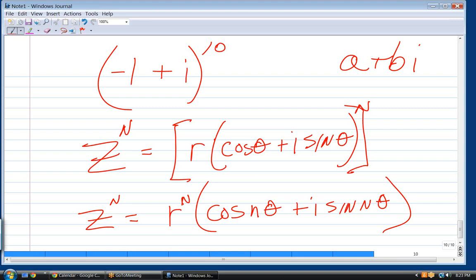So let's figure out what r is, where it's the square root of a squared plus b squared. What's a squared?